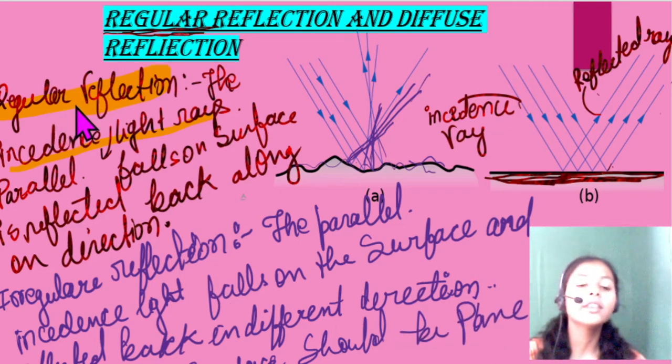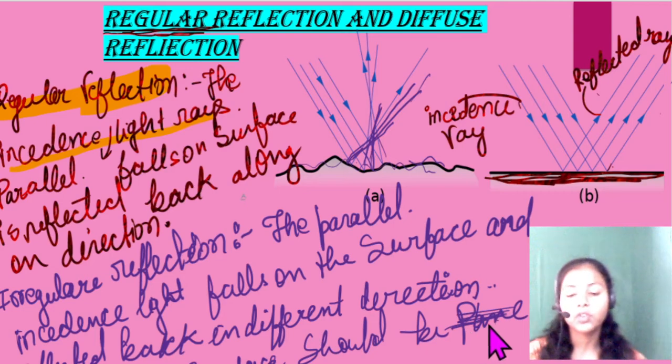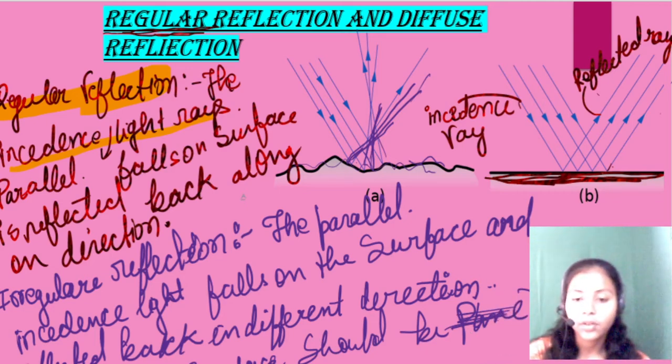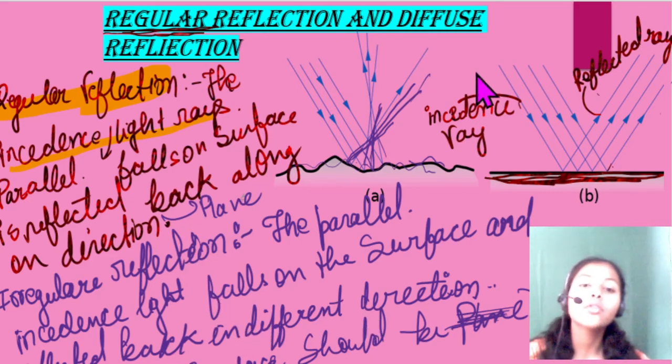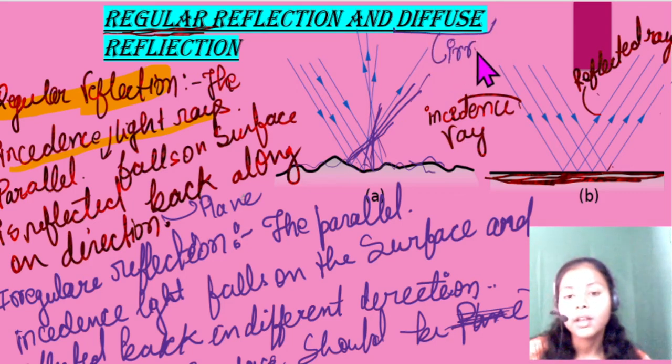And in irregular reflection the surface should be rough. So this is all about regular reflection and irregular reflection. Here you may think how diffuse can be irregular. So the other meaning of diffuse reflection is irregular.